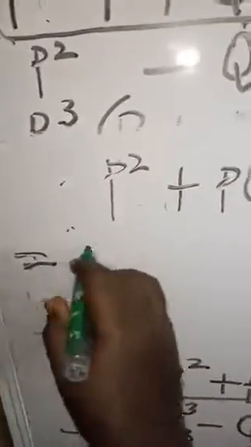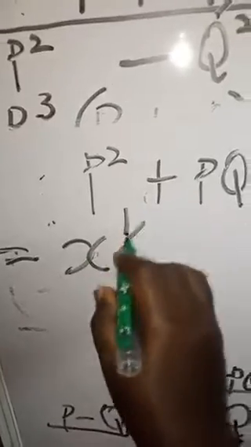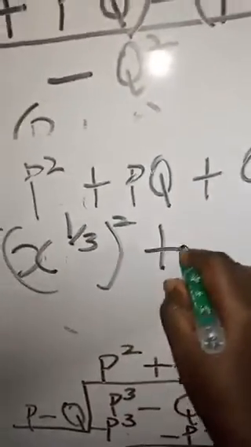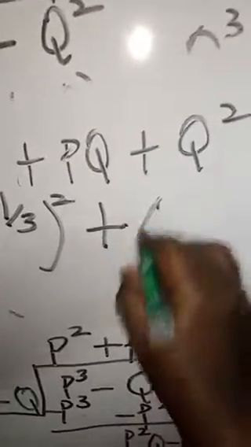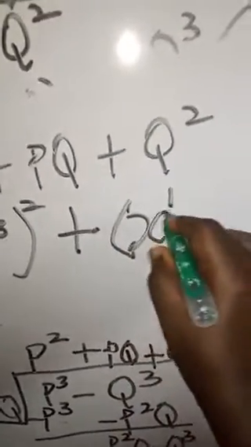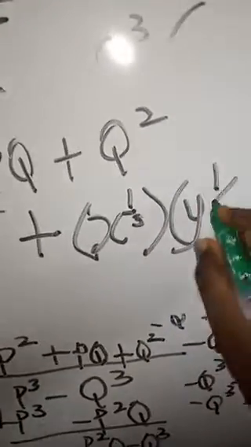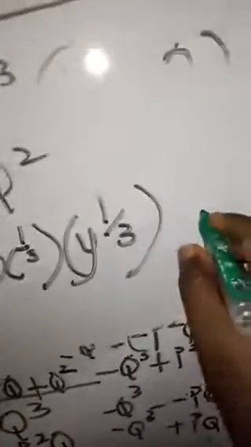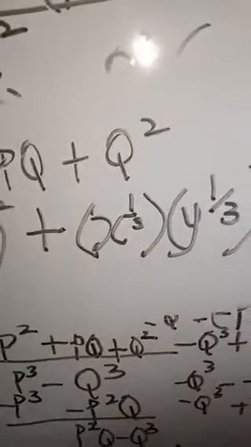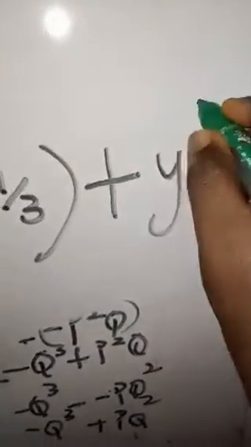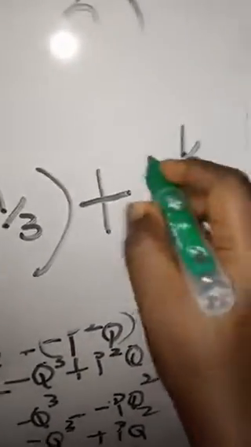Then the final answer now is x raised to power 1 over 3 all square, plus p, which is also x raised to power 1 over 3, times q, which is y raised to power 1 over 3. Then plus q square. Q is represented by y raised to power 1 over 3, so this is y raised to power 1 over 3 all square.